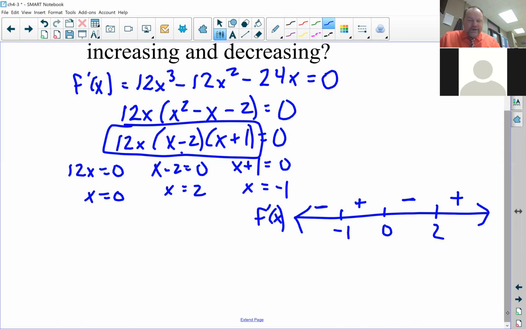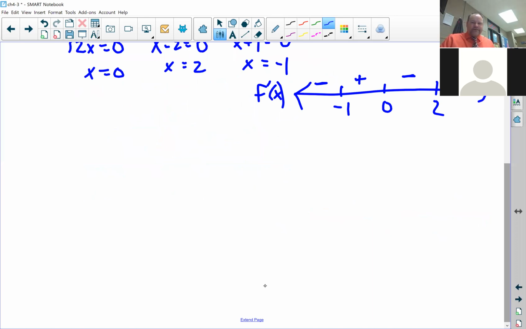So then I can tell where I'm increasing or decreasing just by reading off of that number line. So we are increasing on the interval from -1 to 0.